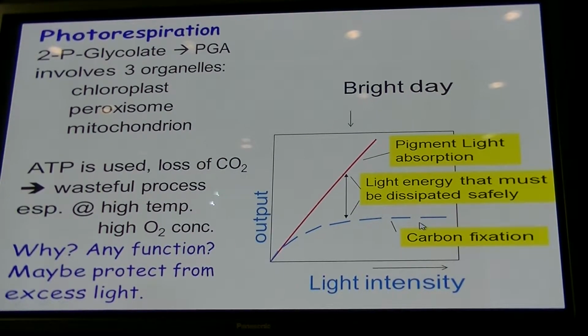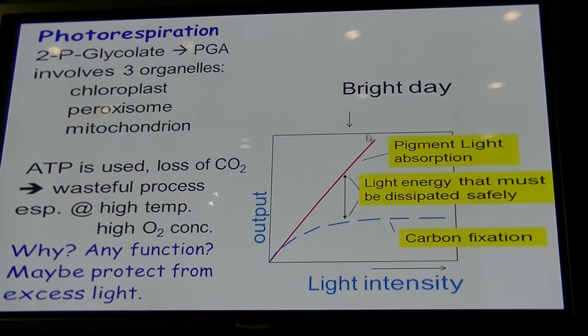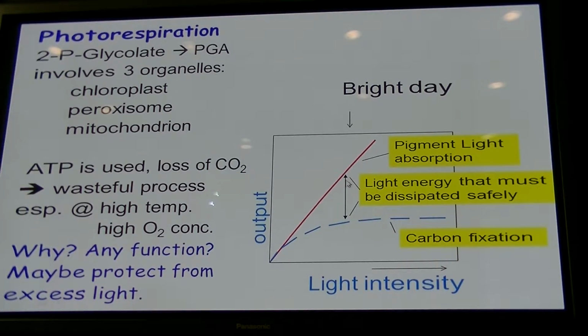So you can look at the plant as a huge enzyme that takes light and photosynthesizes. And that's saturation. So obviously there's a lot of light that the plant can absorb, but it has to get rid of it. And this is one of the problems that photosynthesizers have to deal with.